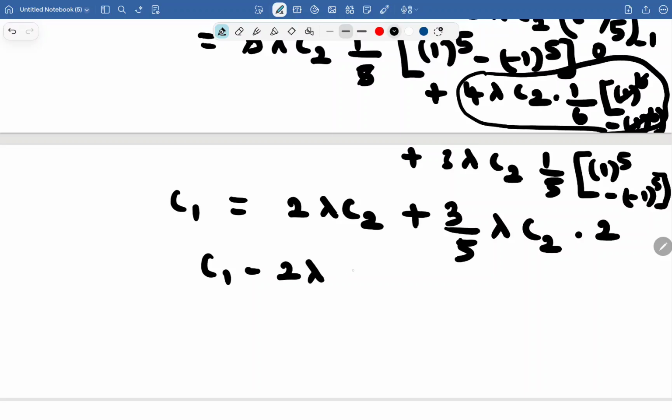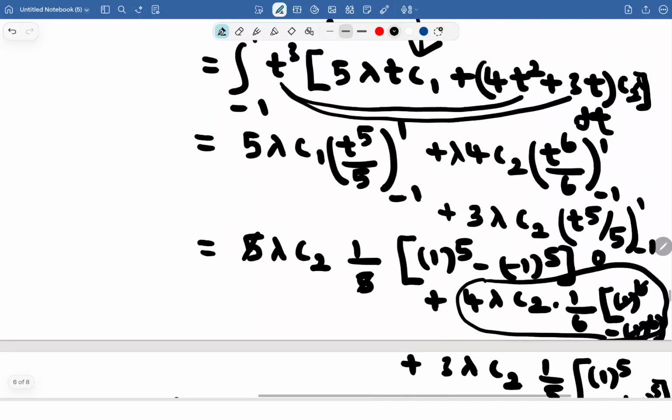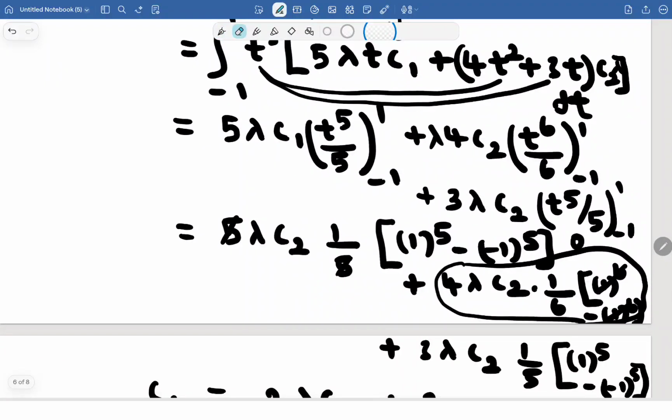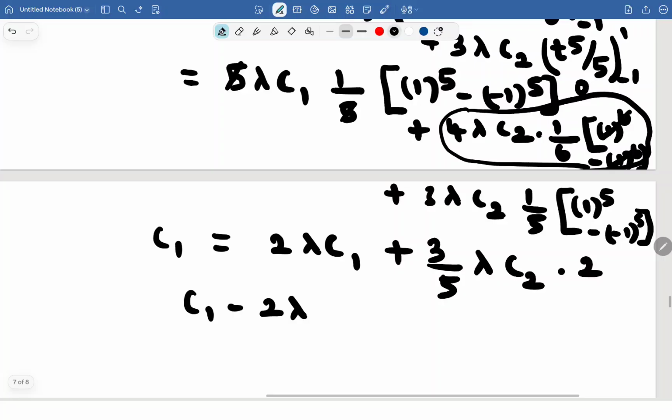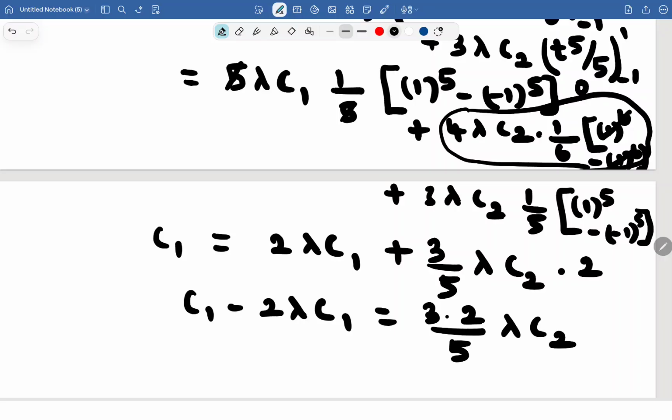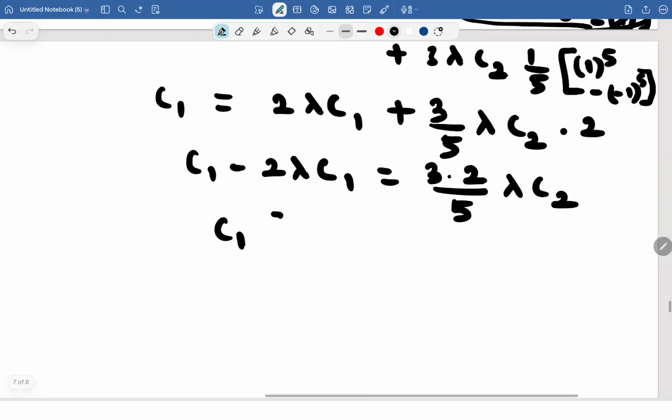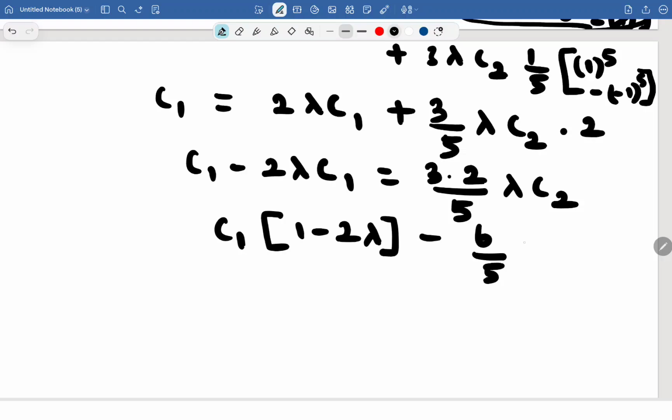C1 minus, here not C2, here C1, here also C1. C1 minus 2 lambda C1, which is equal to 2 into 3 by 5 lambda C2. We can write it as C1 times 1 minus 2 lambda minus 6 by 5 lambda C2, which is equal to 0.